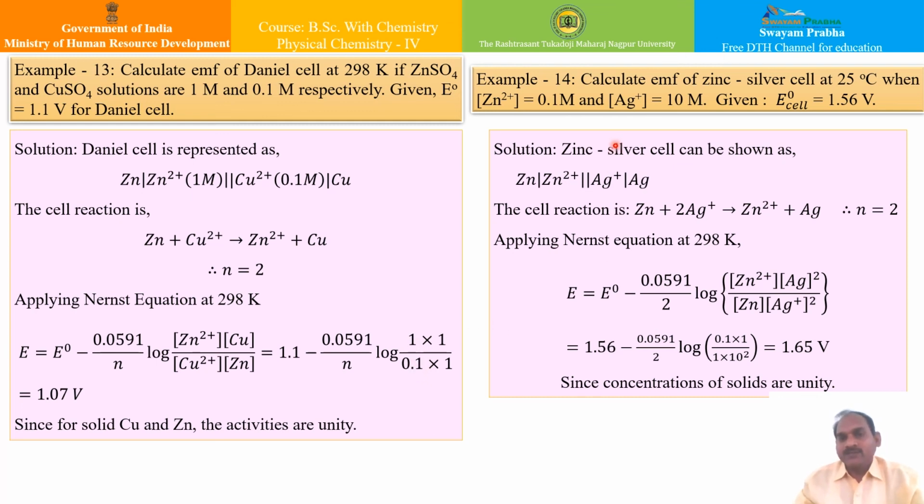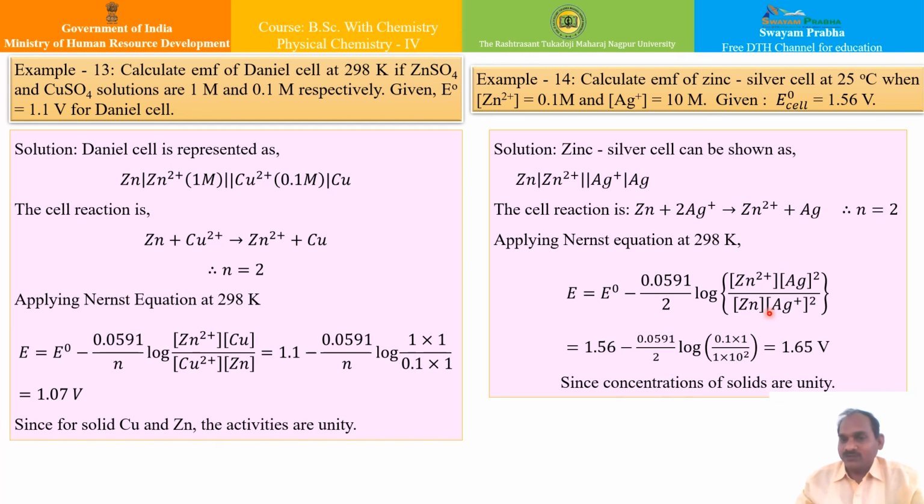Similarly, consider this example: calculate the EMF of a zinc silver cell at 25 degrees centigrade when the zinc ion solution is 0.1 molar and the silver ion solution is 10 molar. The standard EMF of the cell is 1.56 volt, it is given. Similarly, I can see that the cell reaction is this, and therefore n is equal to 2. If I apply the Nernst equation, I get E is equal to E standard minus 0.0591 upon 2 log of the product side upon the reactant side.